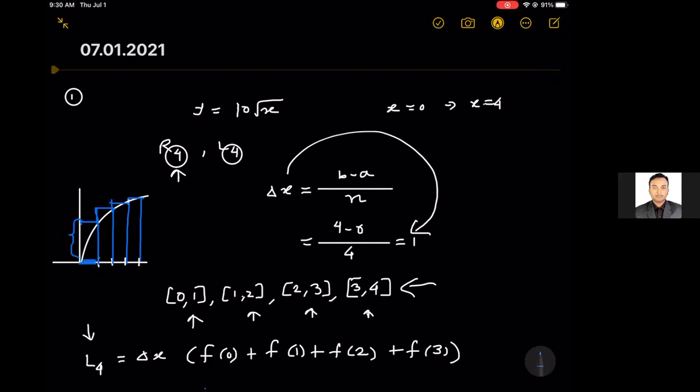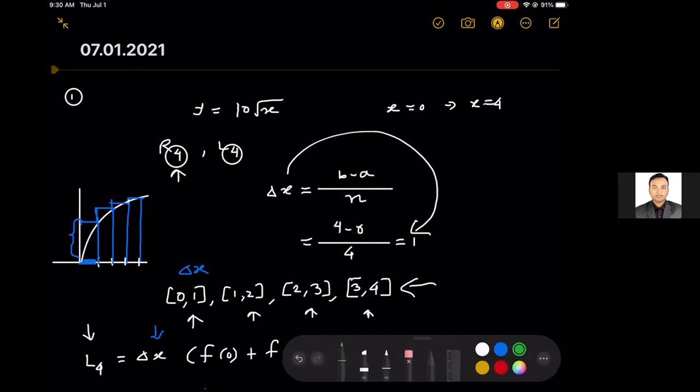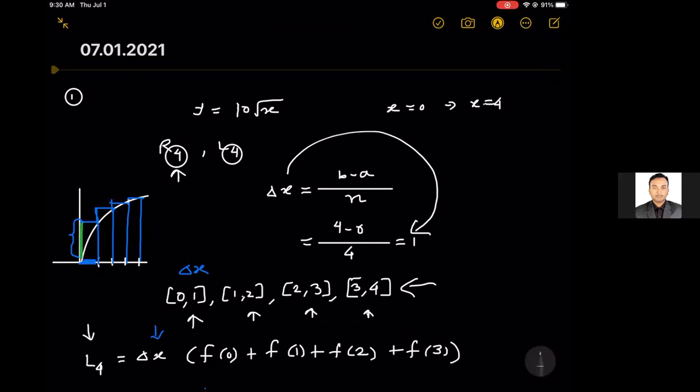This width is definitely del x, and the height is, as you can see, the functional value at this point, right? It's the functional value, nothing else. This part is actually the functional value, right? So if you go back to the drawing board, it might refresh your memory that the graph will look like this.